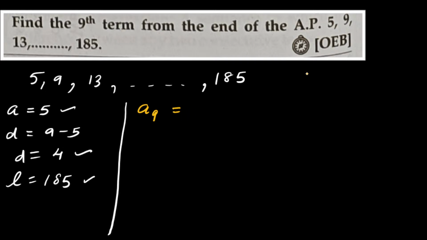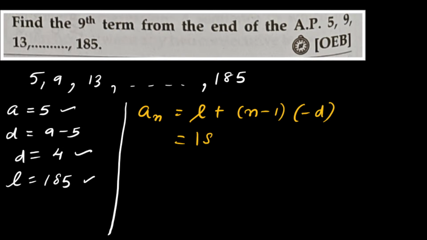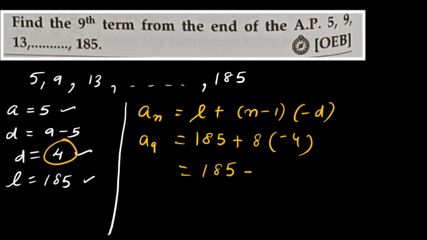Whenever we are finding from the end, AN is equals to L plus N minus 1 into negative D. L means last term, it's 185, plus 9 minus 1 is 8, into negative D. D is 4, so negative will be minus 4. So 185 minus 8 into 4, which is 32.